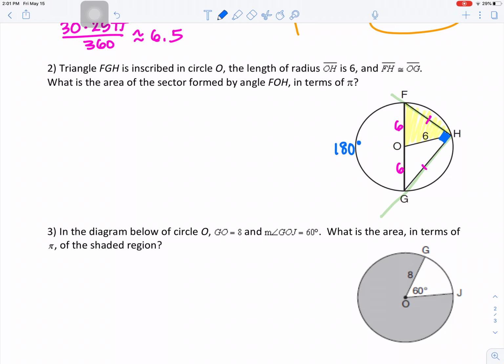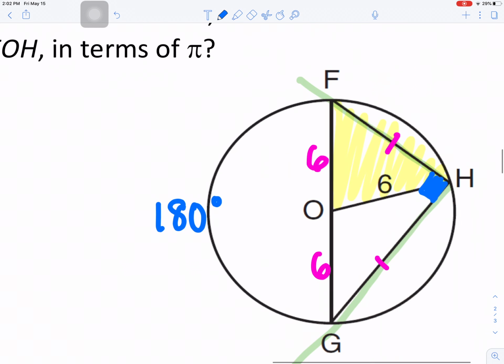Now, this is a right angle with two equal legs. Isosceles right triangle. This angle is 45 and this angle is 45. Looking at the big triangle FHG, a 45, 45, 90.